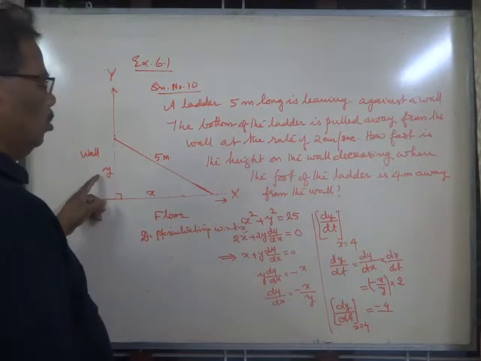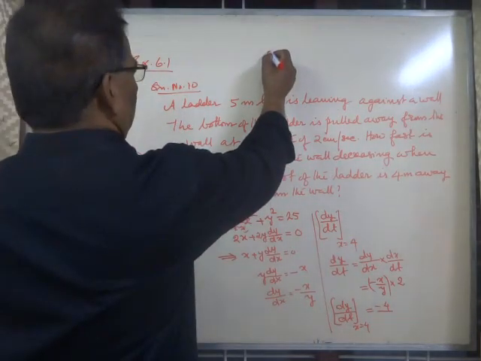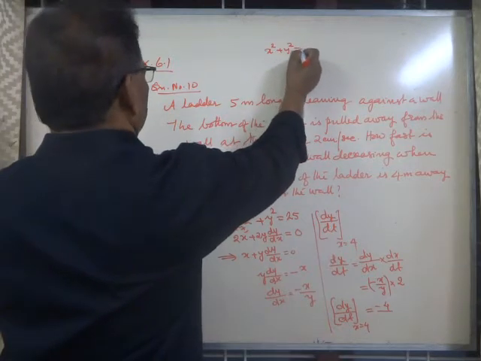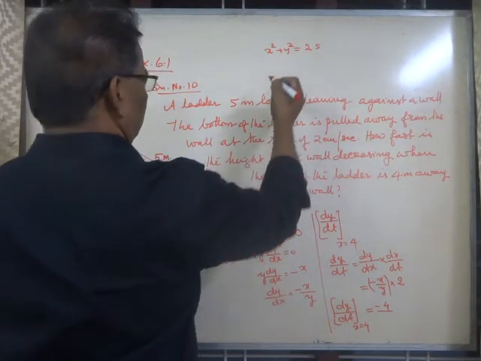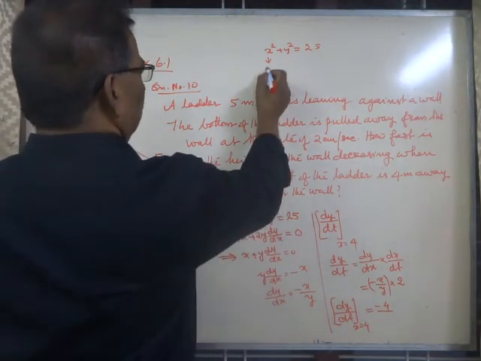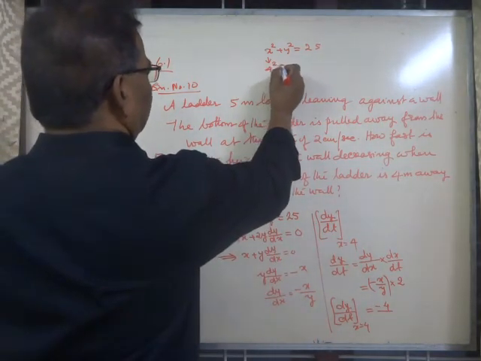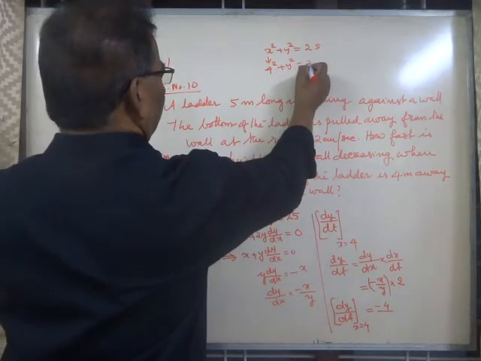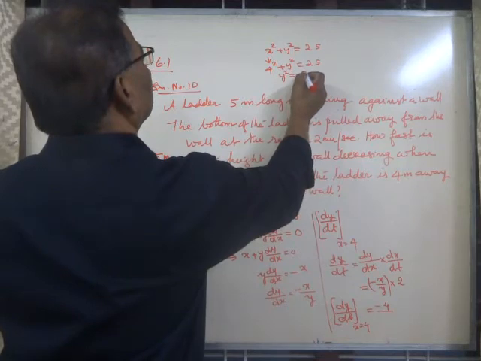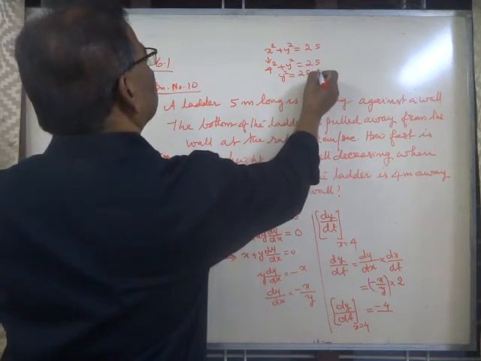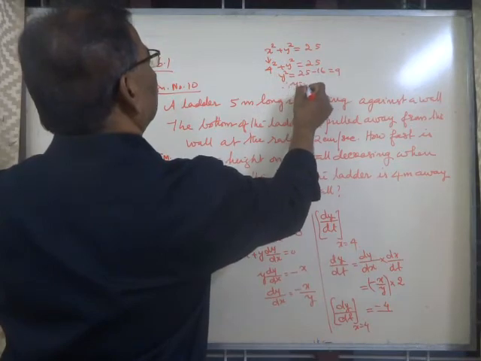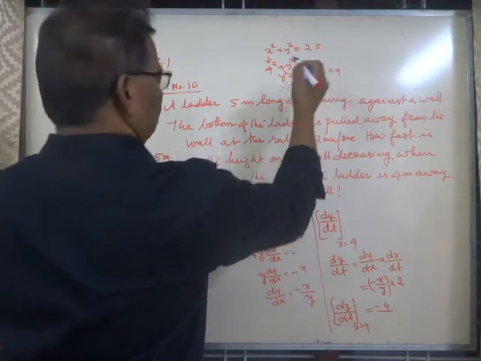3. How? X square plus y square is equal to 25. When you put x equals 4, 4 square plus y square is equal to 25, or y square is equal to 25 minus 16, that is equal to 9. Y is equal to root 9, that is 3.